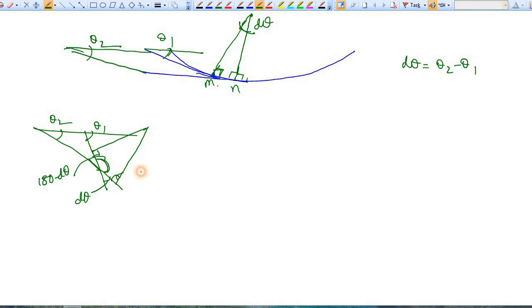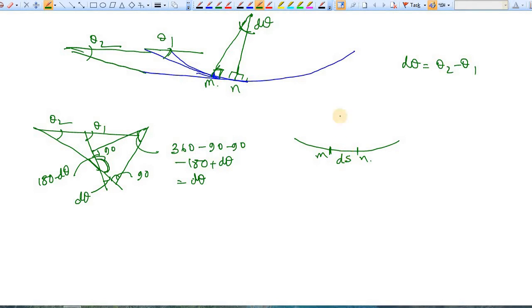What is this angle? Well, 360 minus 90 minus 90 minus 180 plus d theta, so this angle becomes d theta. Well, let's say this curve, or the distance between m and n in curvilinear path is ds.